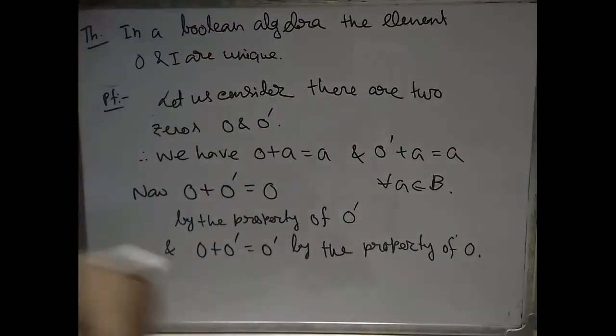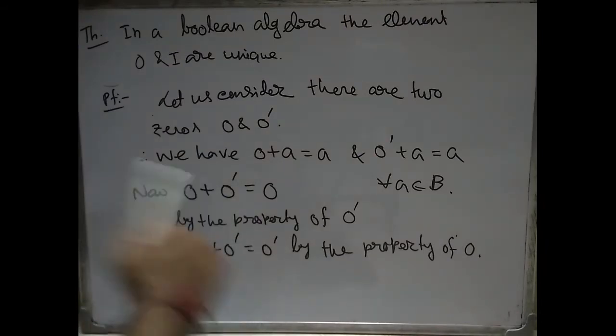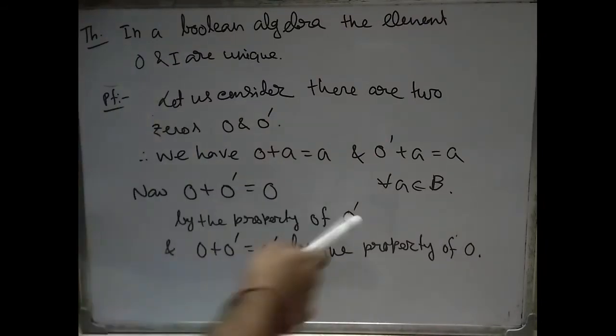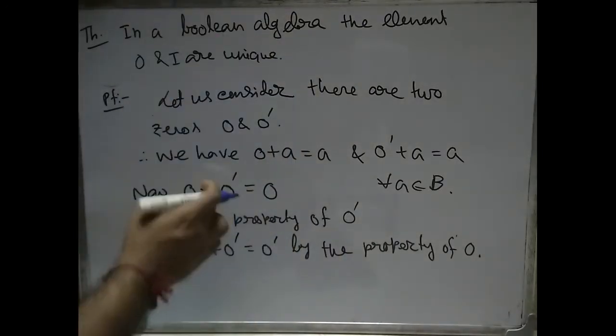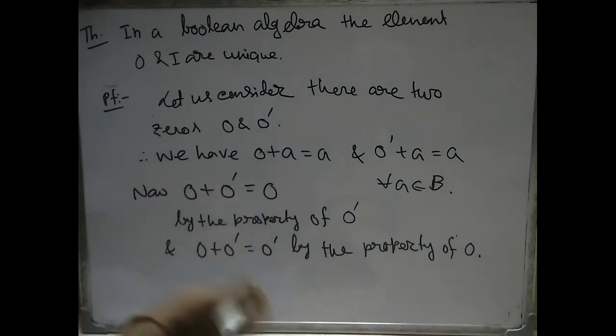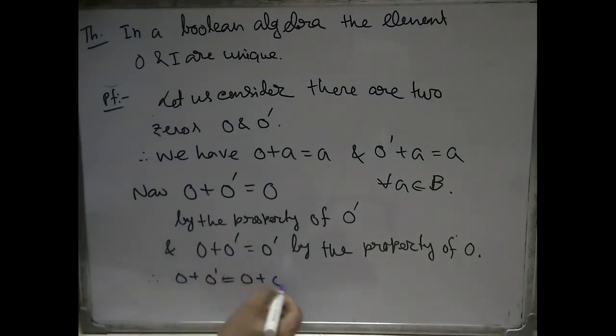So here we have used the property of 0 and here we have used the property of 0 dash, but these sums are equal by the definition of plus.